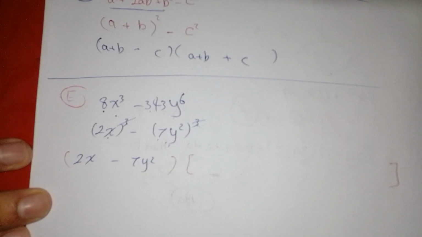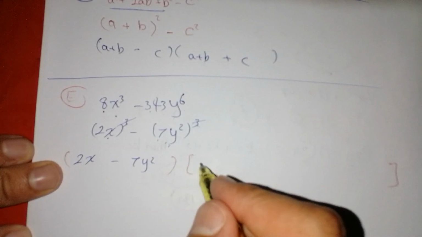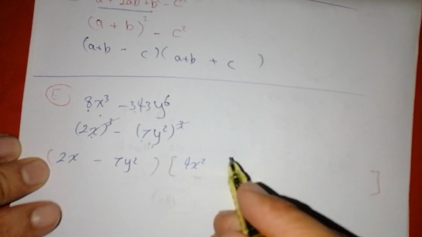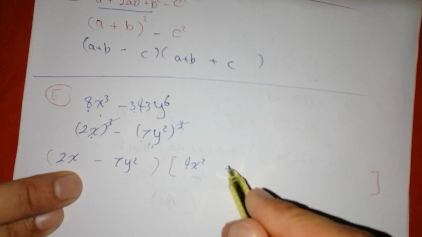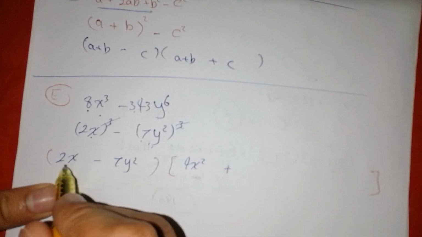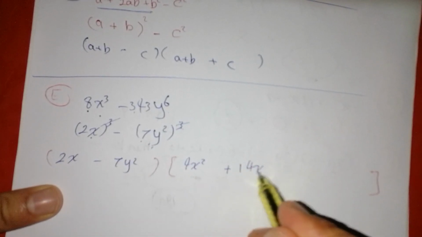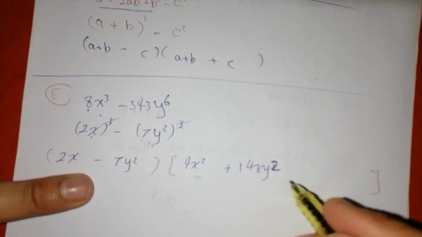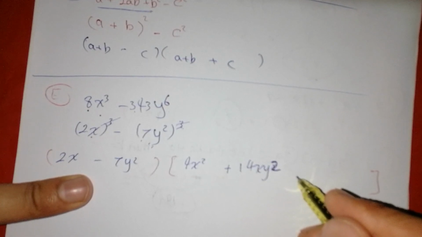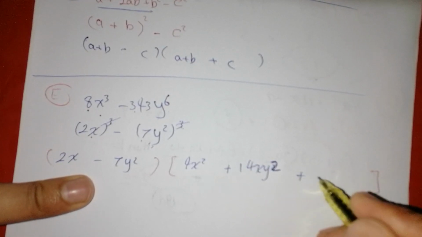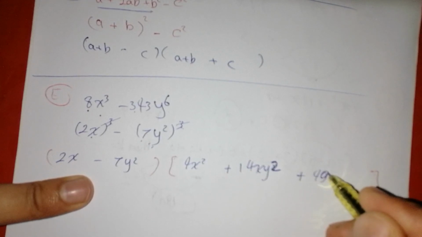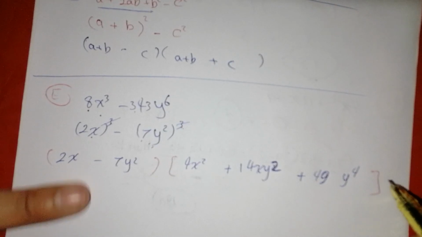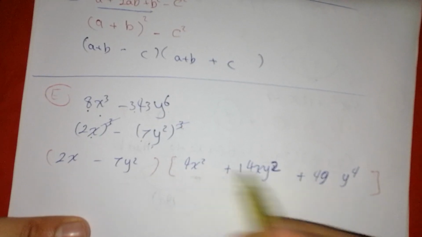We find the first term by squaring the first term in the smaller bracket, so 2x squared is 4x squared, and then the inverse of the middle sign, which will be positive, and then the first term by the second term, which is 2 by 7, equal to 14xy squared, and then the square of the second term. The square of the second term should be positive, yes, that's very good: 7 squared is equal to 49, and y squared squared is equal to y power 4. And that's the end of factorization of this question.